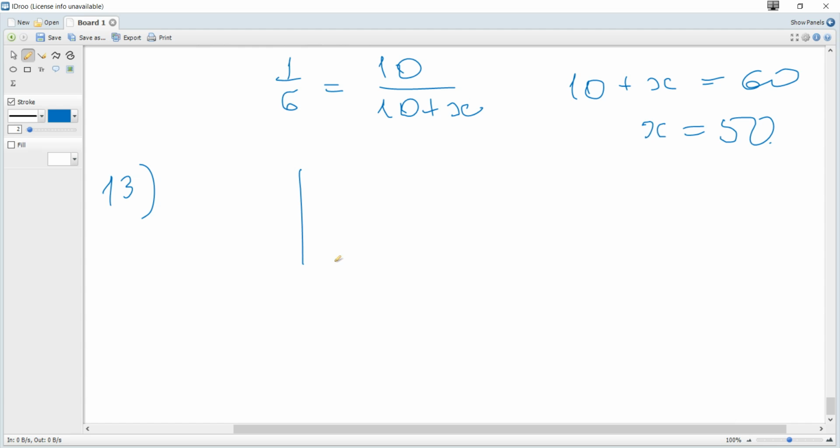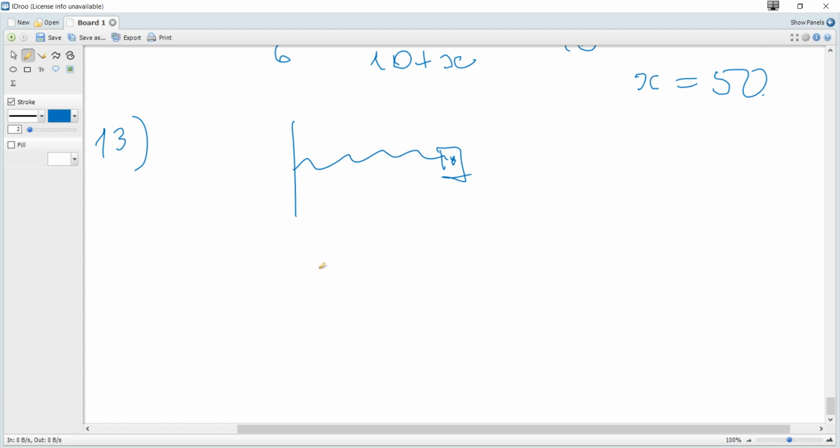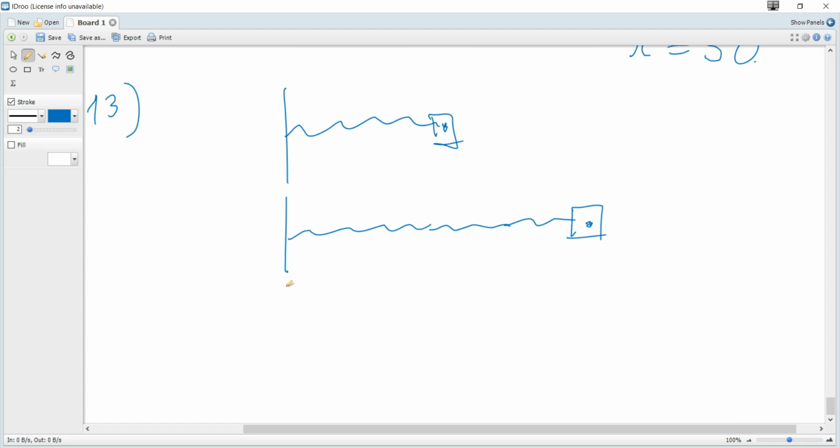You may just consider an object on a spring, and there is the equilibrium position, and now it is at its maximum, positive maximum, and also it may be here, and let the x-axis be to the right.